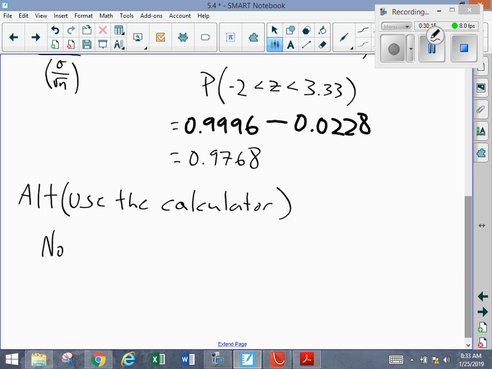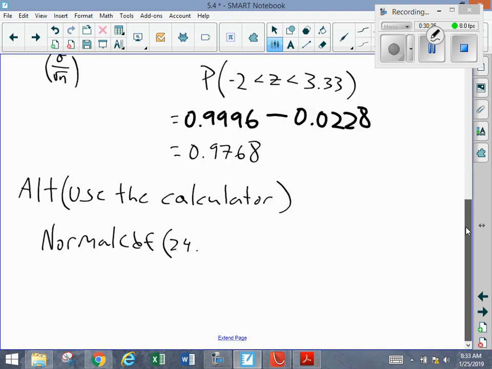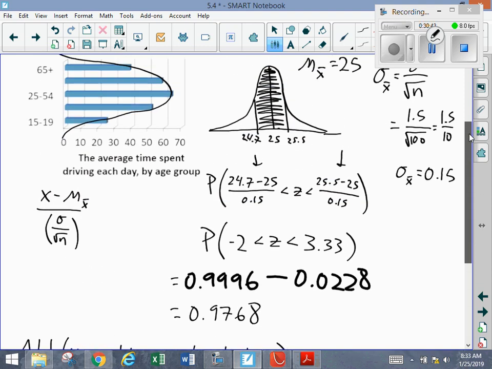In which case, I would just put normal CDF, 24.7, comma, 25.5, comma, mean, comma, standard deviation. We'll put that in and we'll get something. When would I do that instead of doing the z-score?